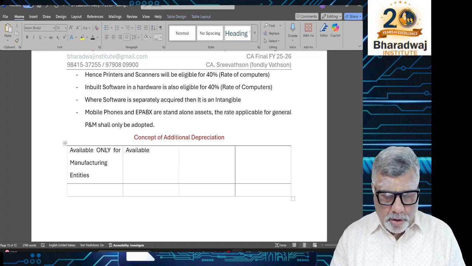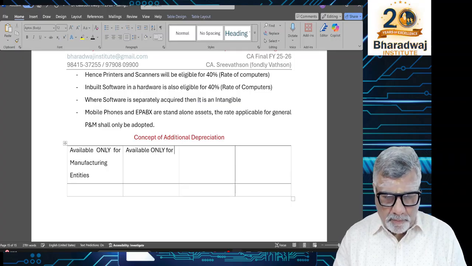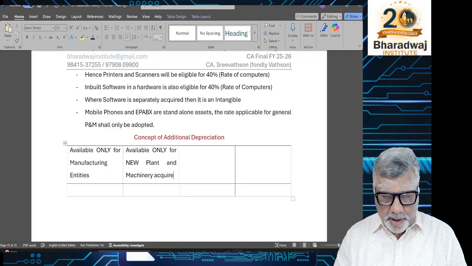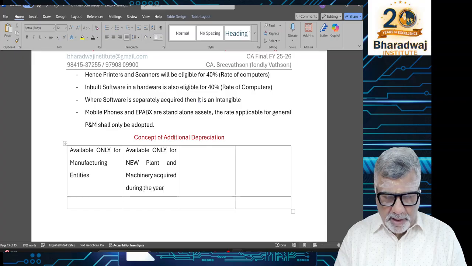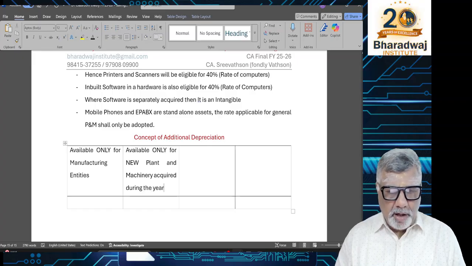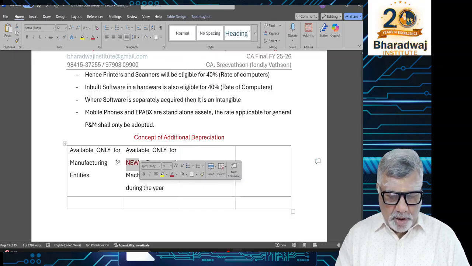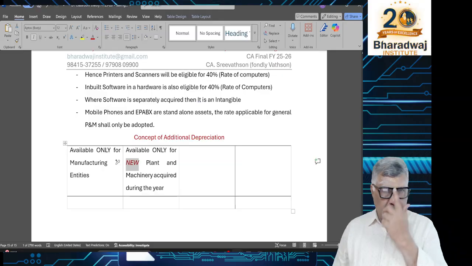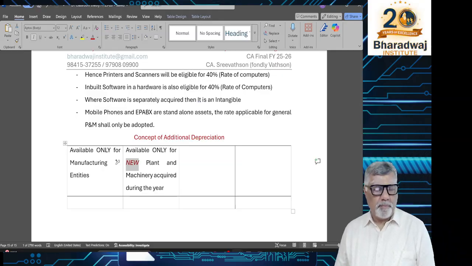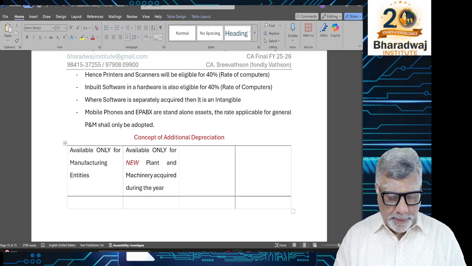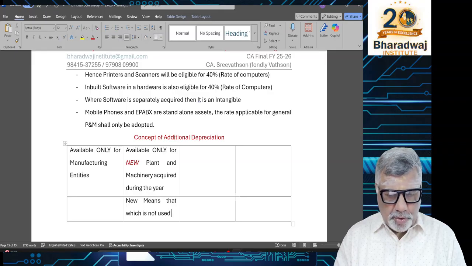Available only for new plant and machinery acquired during the year. New means that which is not used already.